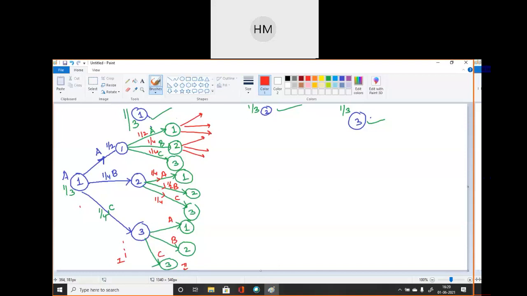So you can draw your own tree diagram, because to simplify these Markov sources, we always have to draw the tree diagrams. But every time, students, we have to use all the states.